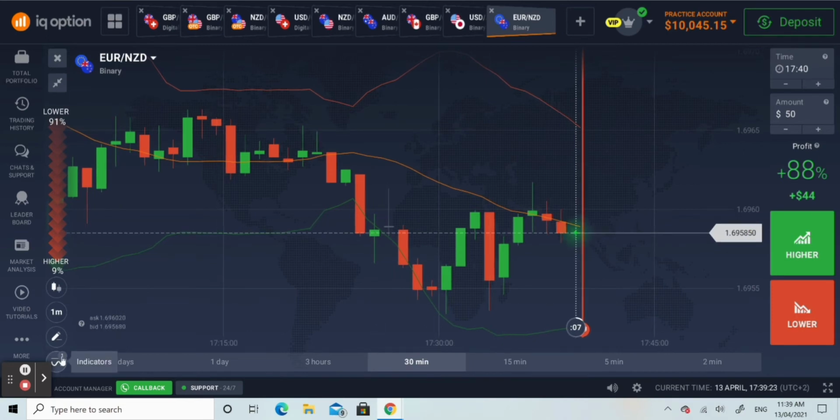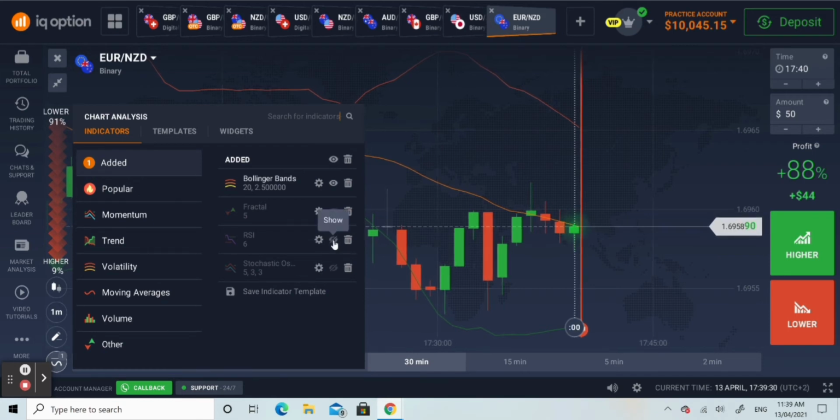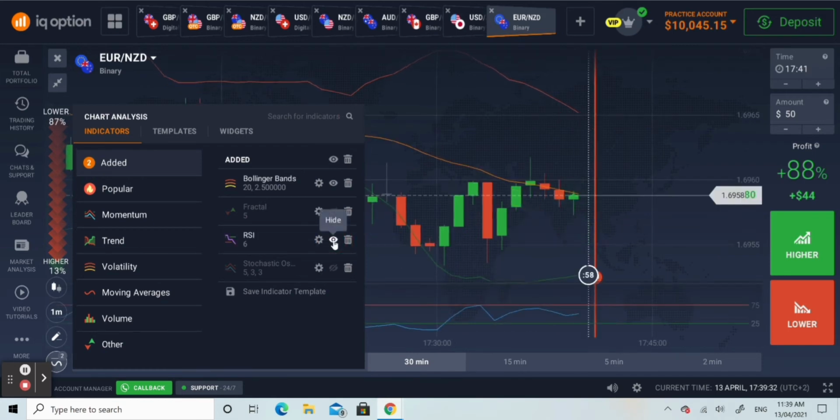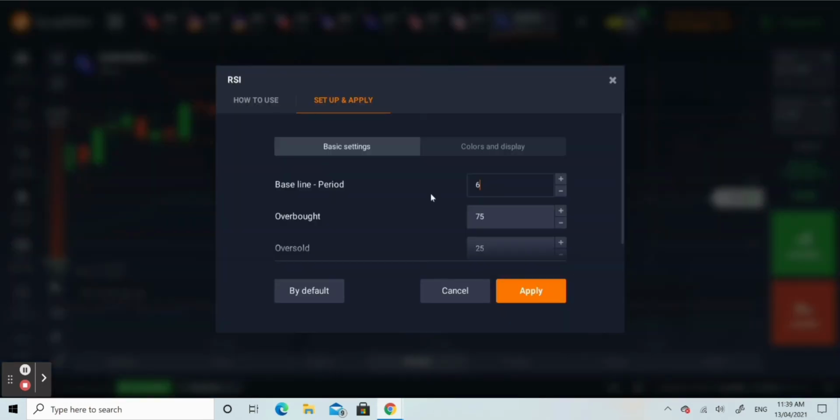Now we're going to include the stochastic. In fact, let's do the RSI first. I'm just going to bring it up here. The baseline period is 6. The overbought is 75, oversold is 25.